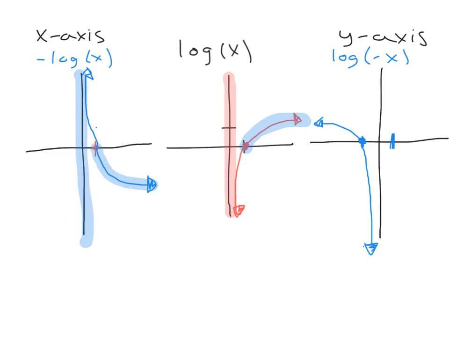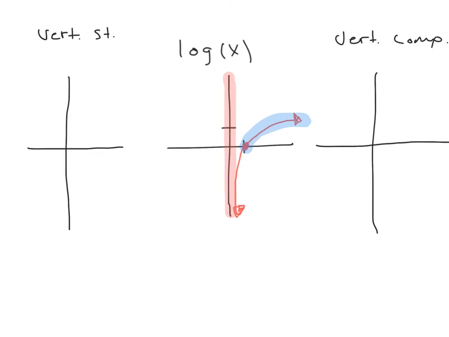Let's talk about the vertical stretches and compressions, and then the horizontal stretches and compressions, and then we'll be done. For a vertical stretch, that would be something like 5 log of x.